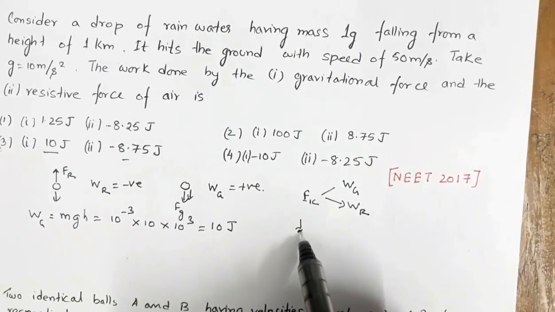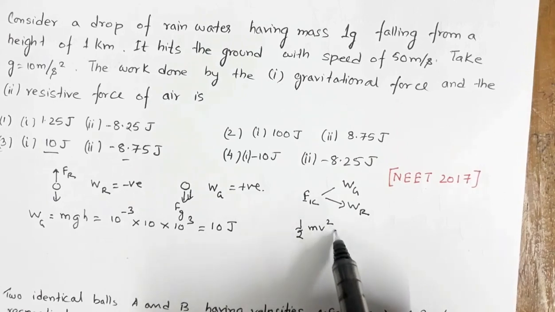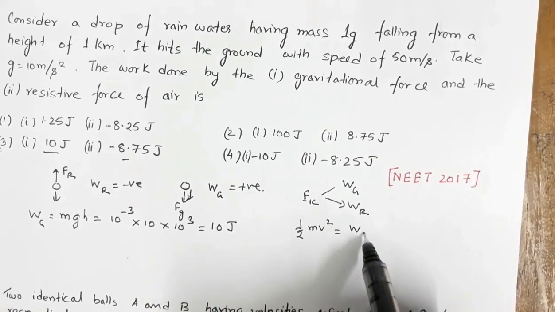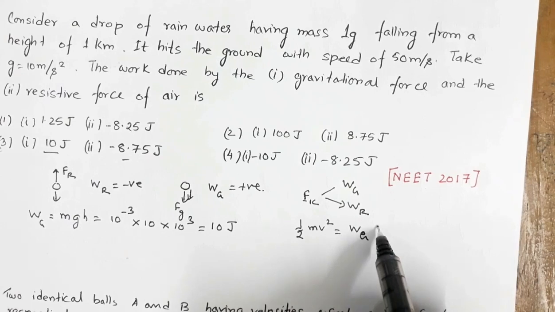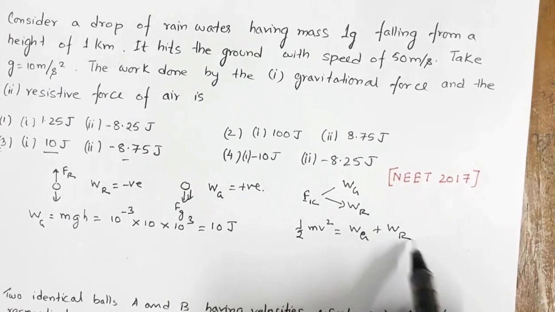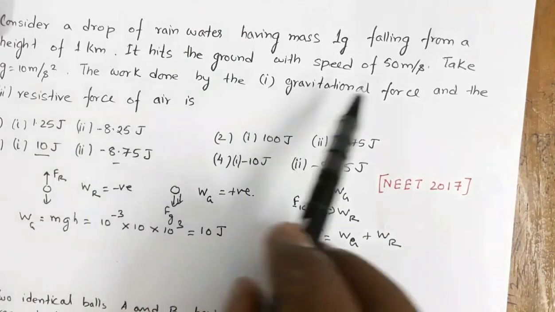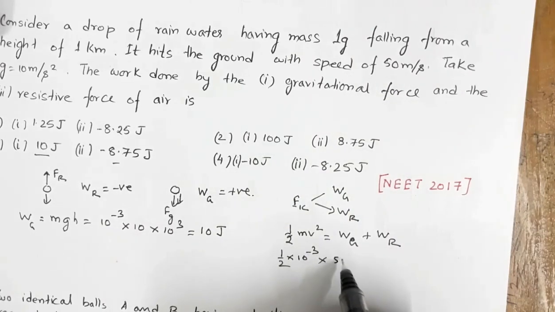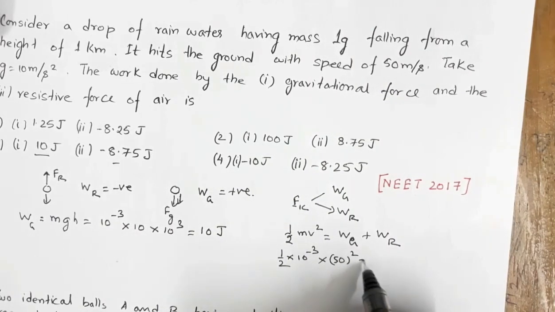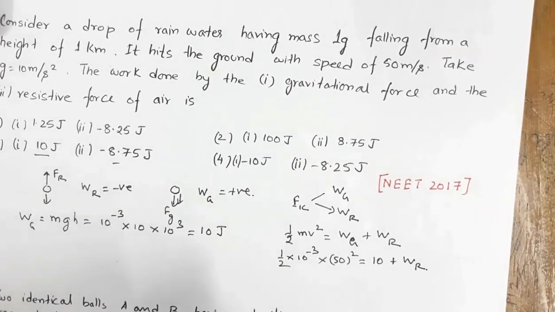So half mv square is equal to work done by gravitational force plus work done by resistive force. Now half mv square, mass is 1 gram, so this is 10 power minus 3 v square, speed is 50 meter per second, so 50 square is equal to work done by gravitational force, which is 10, plus WR.